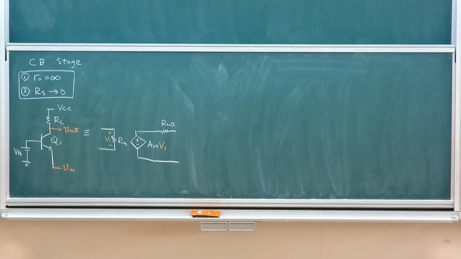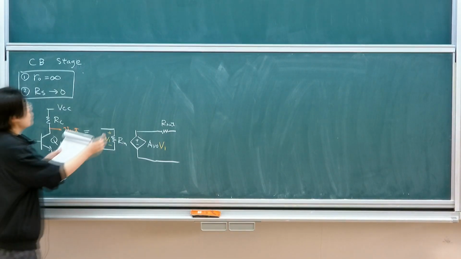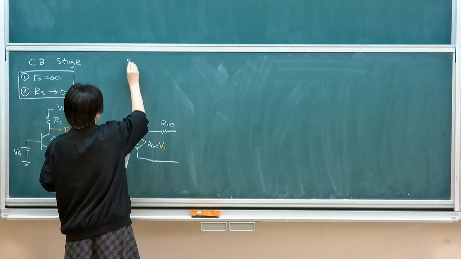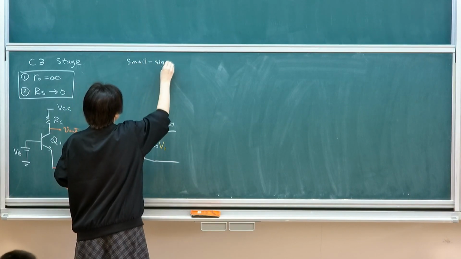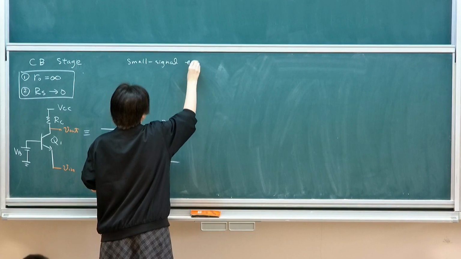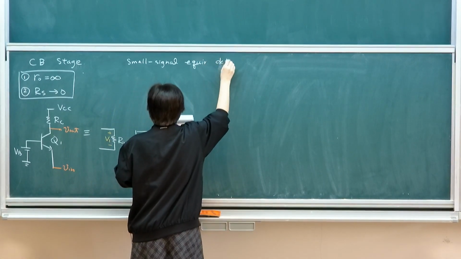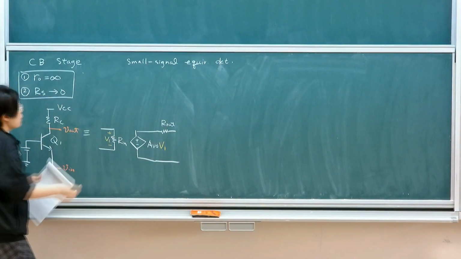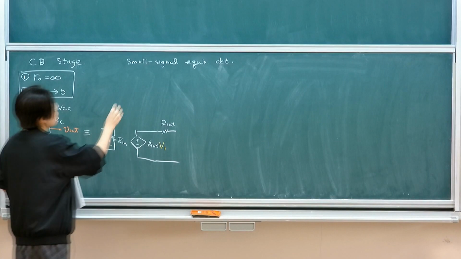So how does one find these three parameters? We want to draw a small signal equivalent circuit. So how does it look like? If you look at this, you have the base.